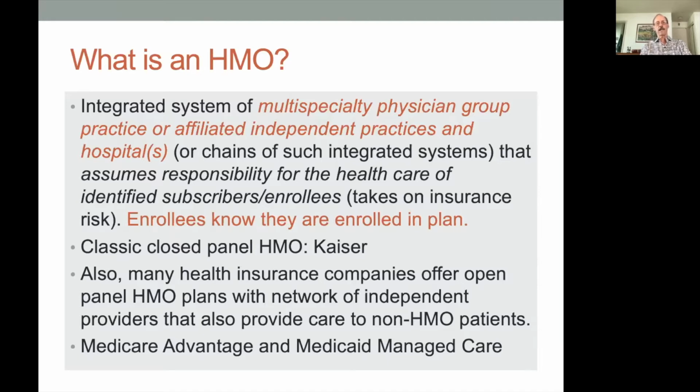And that system then, if they deliver too much care, they lose money, and if they skimp on care or enroll healthy people, then they make money. And of course, Kaiser flagrantly markets to healthy people. They're the classic example of an HMO. And many insurance companies offer open panel HMOs with networks of independent providers that essentially works the same way. And Medicare Advantage and Medicaid managed care are examples of HMOs.